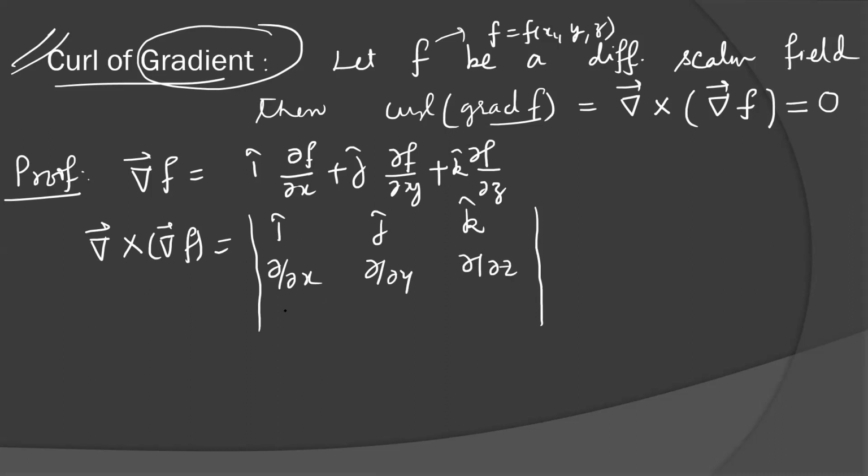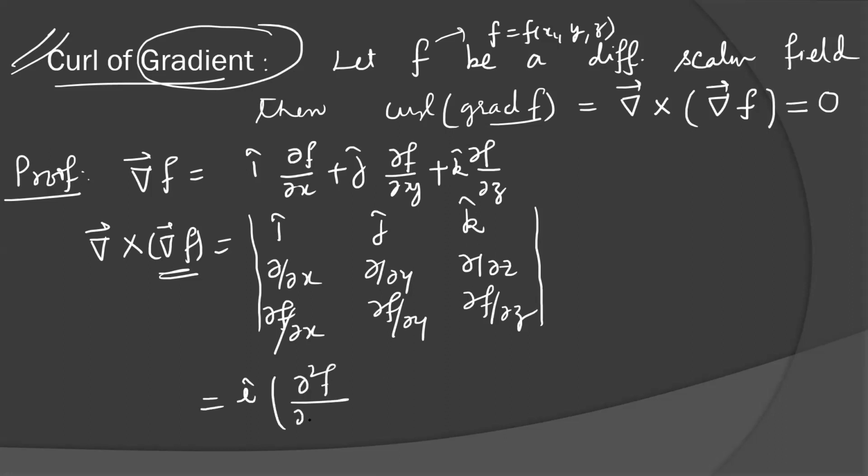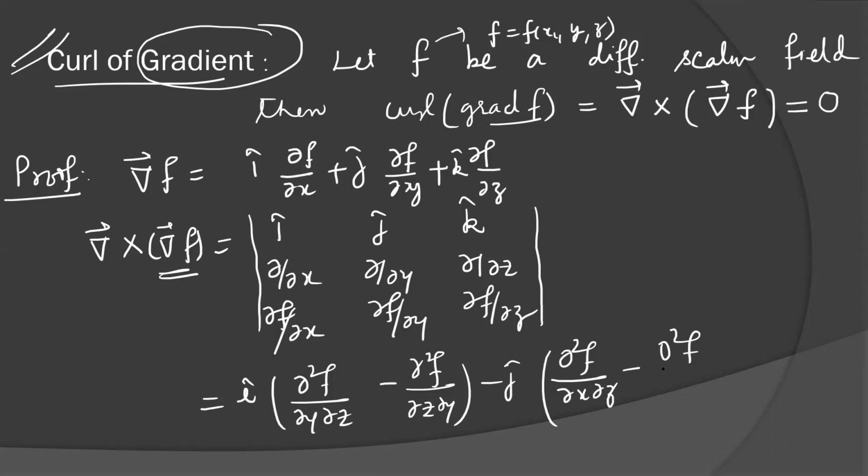And grad f is del f by del x, del f by del y, del f by del z. If you simplify it, you will get i (del 2f by del y del z minus del 2f by del z del y) minus j (del 2f by del x del z minus del 2f by del z del x) plus k (del 2f by del x del y minus del 2f by del y del x).